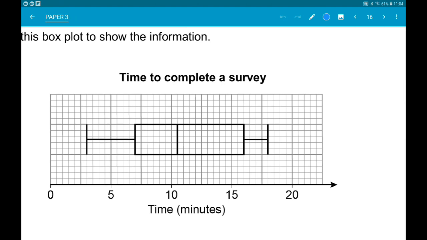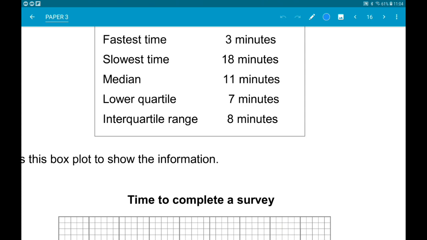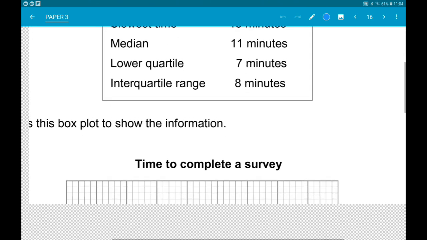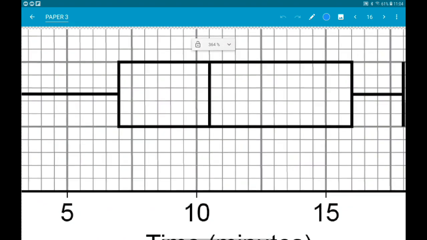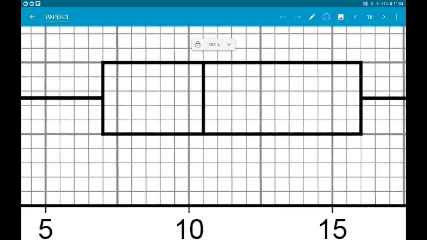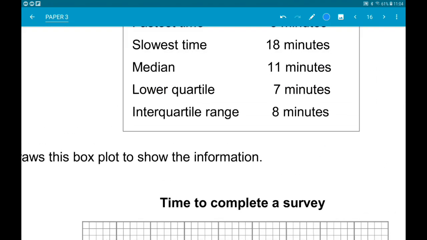So that's the right whisker, that's fine. The median was 11 minutes. So that is wrong. He's actually done that at 10.5, not 11. So there's 1 error, or 1 criticism.